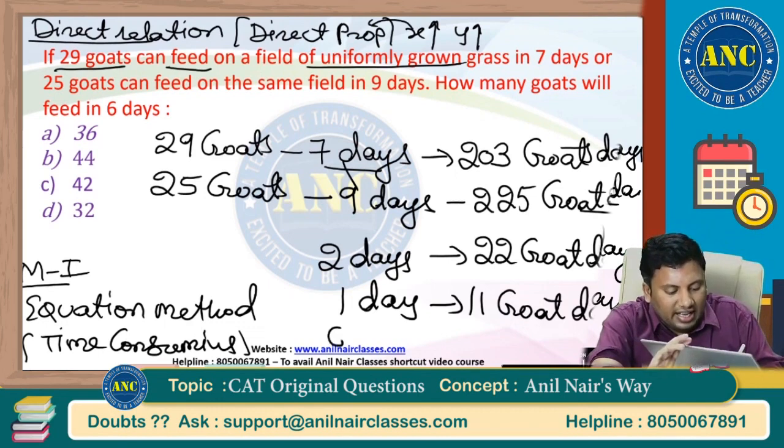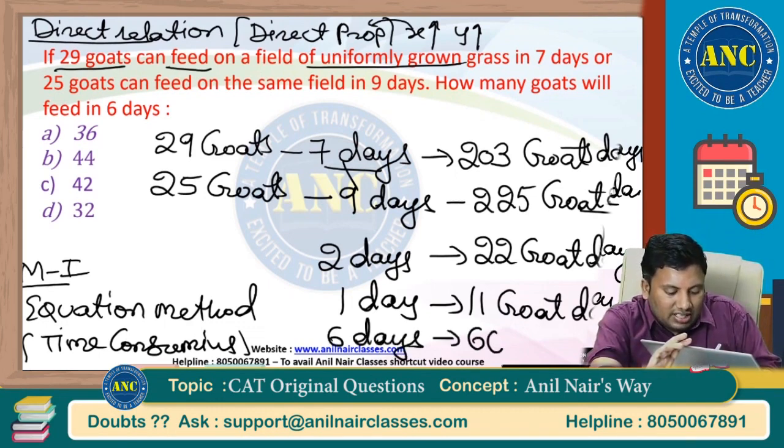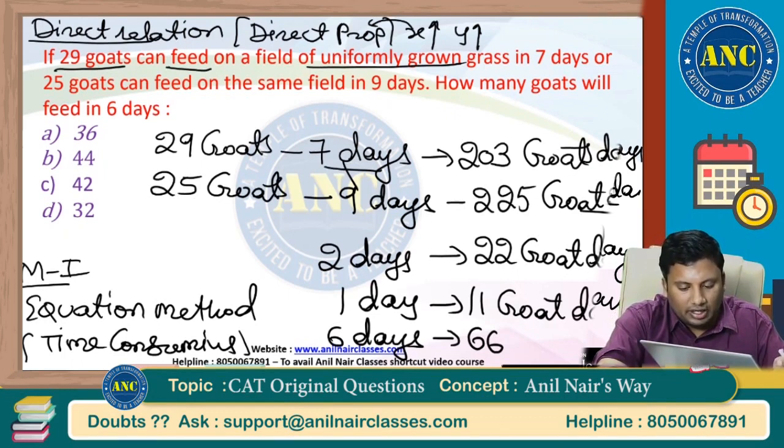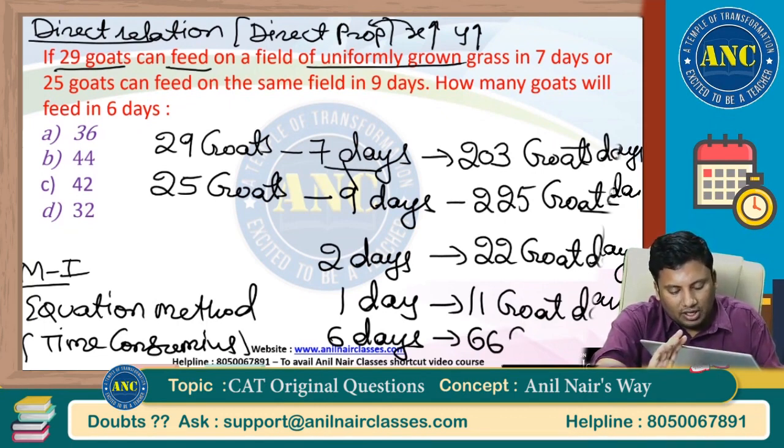So 6 days is nothing but 66. Right? I hope it is clear. So in 6 days, it is 66 goat days work done.